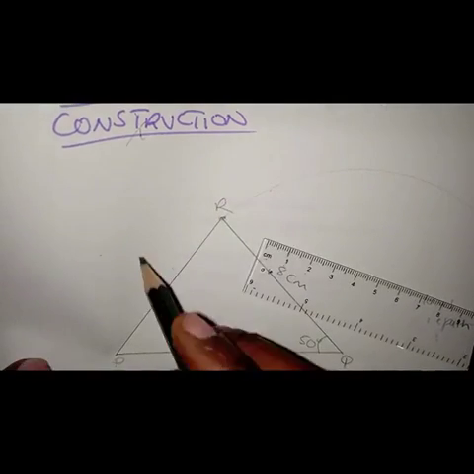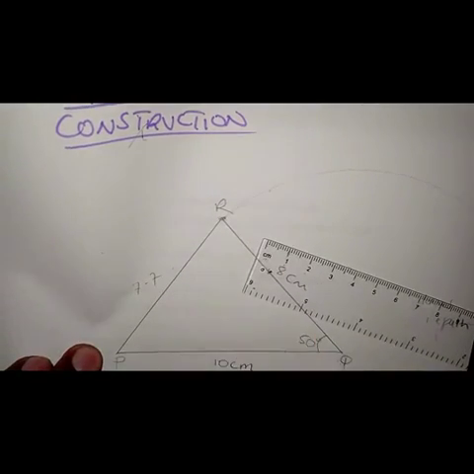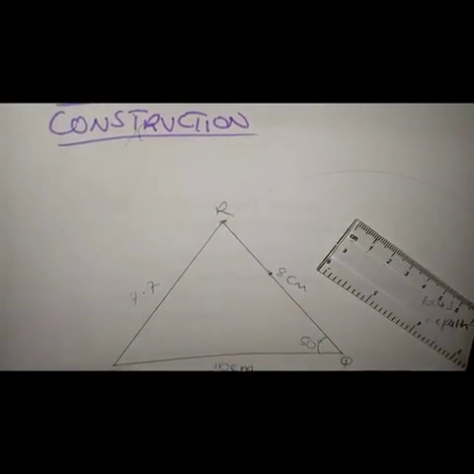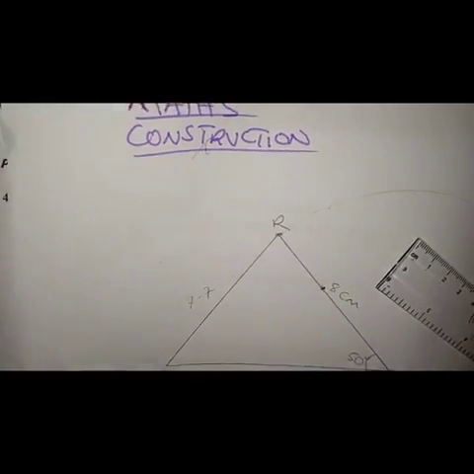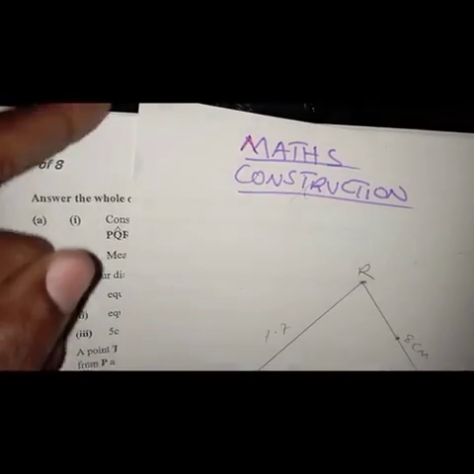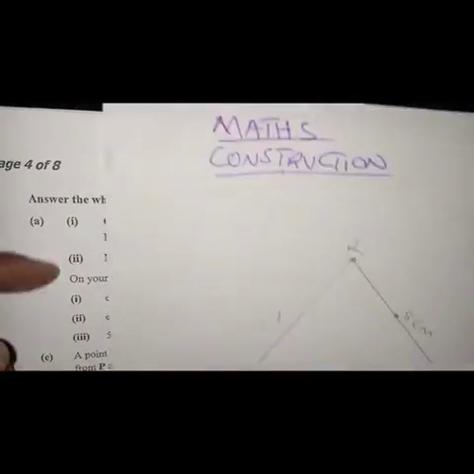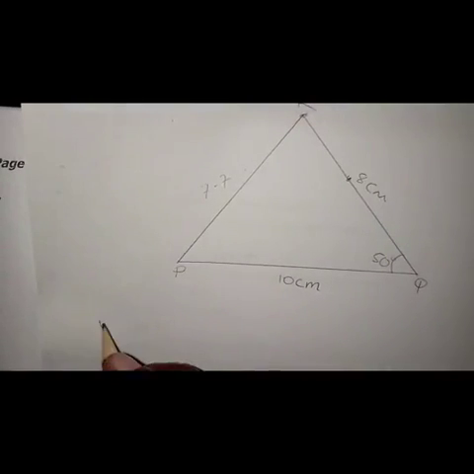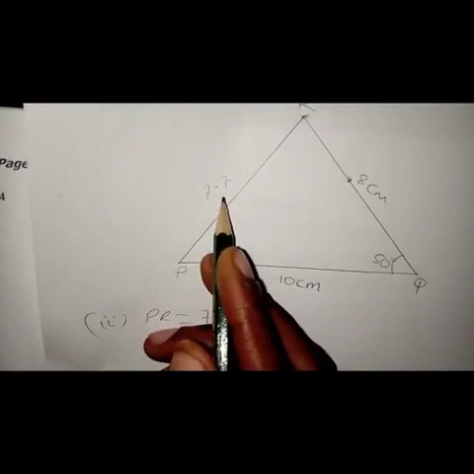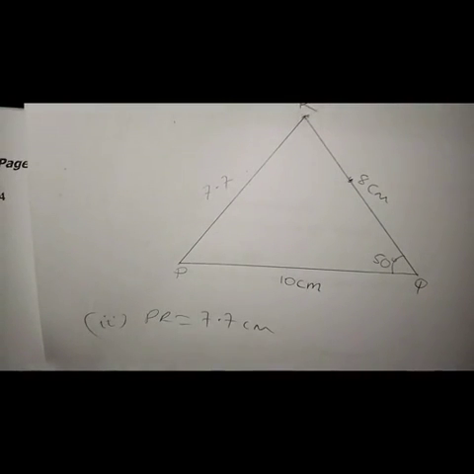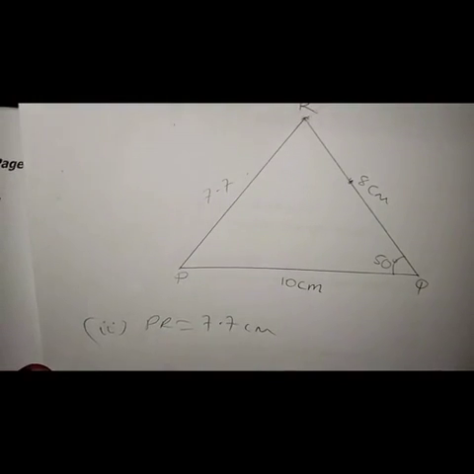So mine is 7.7. So they are saying write down. Better I write down here. Question 2. PR is 7.7 centimeters. There are some people can get 7.6, some can get 7.8, whichever. There's two mark, it is within the range.